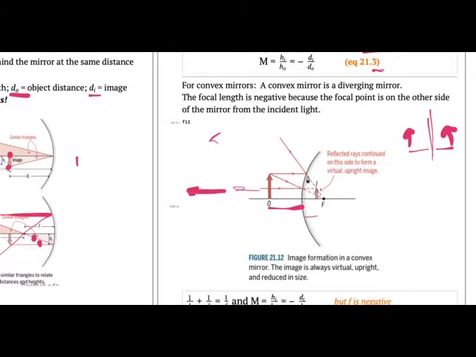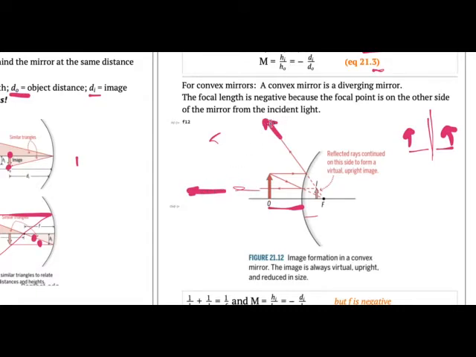Here, light from the hat reflected at this point on the sphere and came off in this direction. Here, light from the hat hit this point on the mirror and came off in this direction. So these are both rays of light coming from the hat.